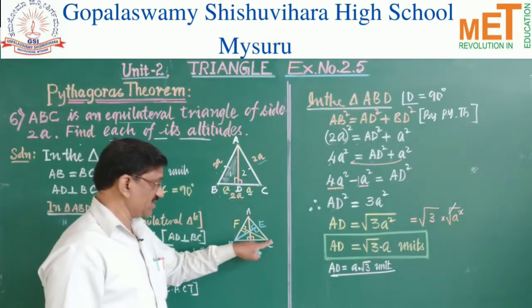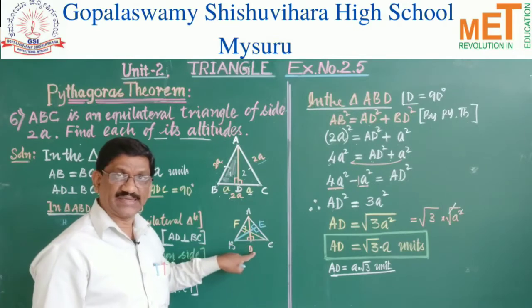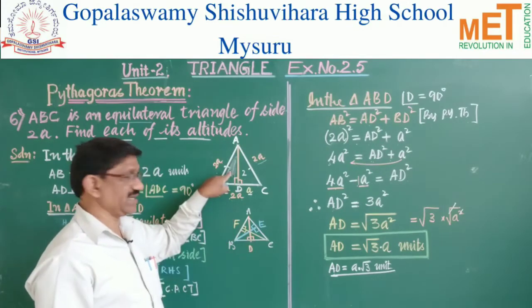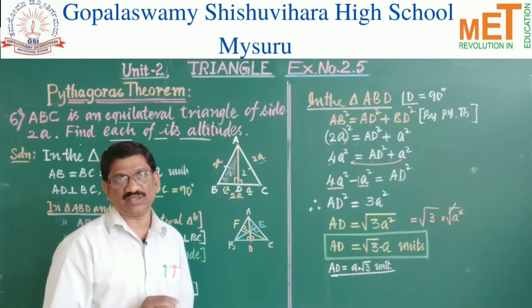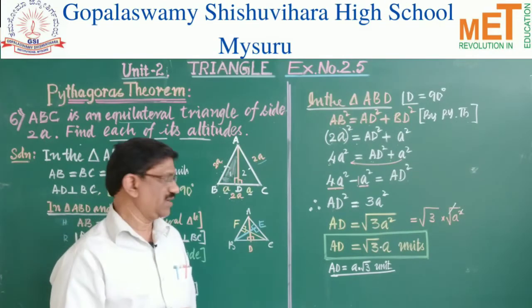Since it is an equilateral triangle, all the altitudes are of equal length. All the altitudes are of equal length.